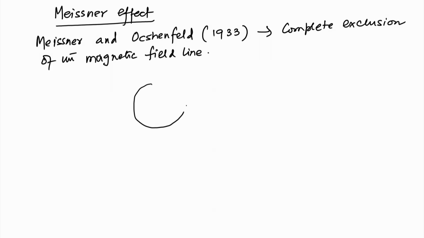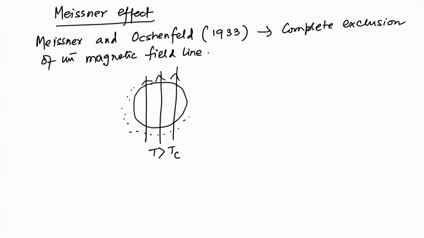So, let us think that this is what the sample is like. The flux lines will go through this if T is greater than Tc, and the iron filings are all scattered around this superconducting sample.